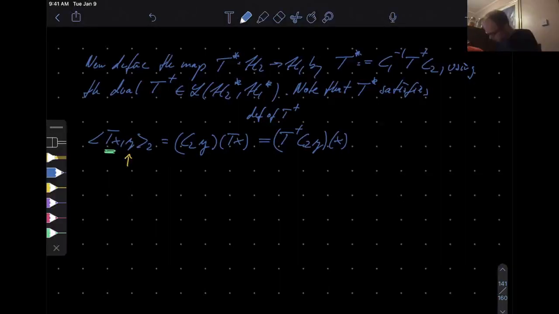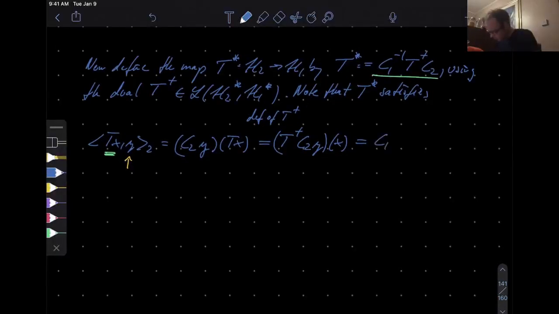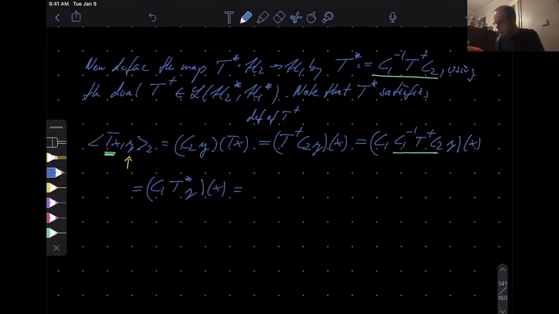And now, of course, you just trick around a little bit. You want to generate this guy after all, so you write a C1 on the left, and then you would have here C1 inverse, t-tilde, C2 y, x, and then of course here you recognize this is precisely the adjoint, so you have C1 of T star y, x, and now all that you have to do is you have to remember what does C1 do.